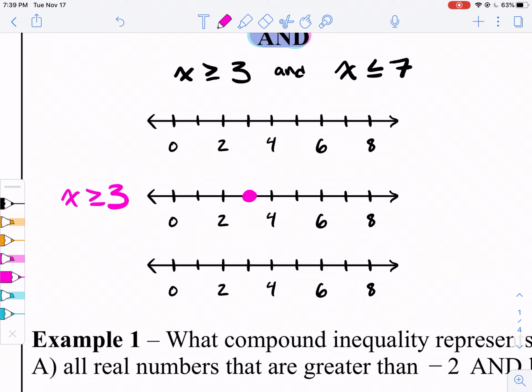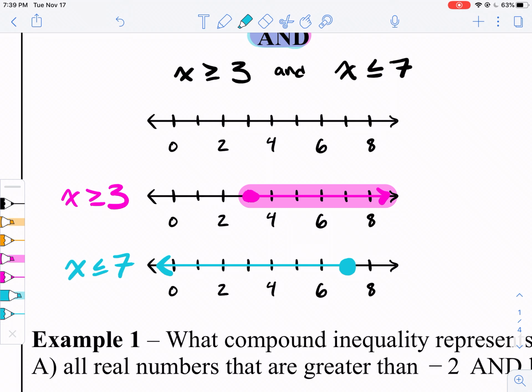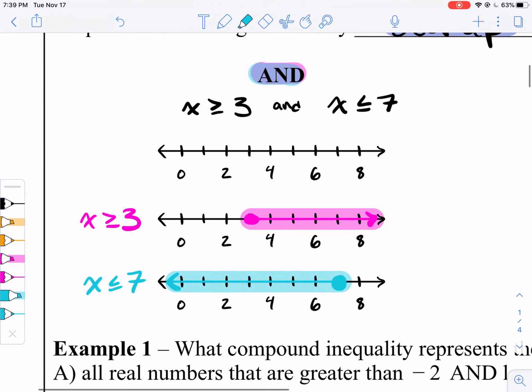Well, you have 3 and then go greater than or equal to like that. So your graph is looking like this, right? And then for x is less than or equal to 7, it starts up here and then goes down this way, less than or equal to 7.